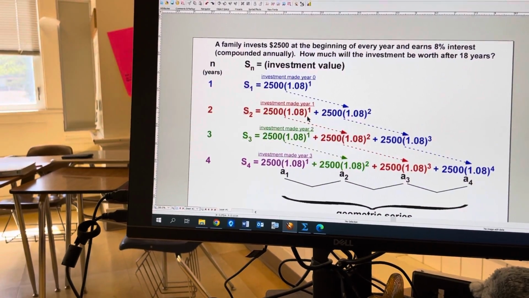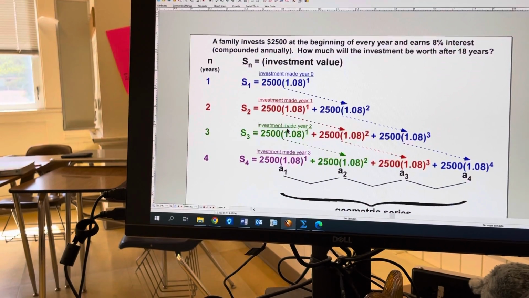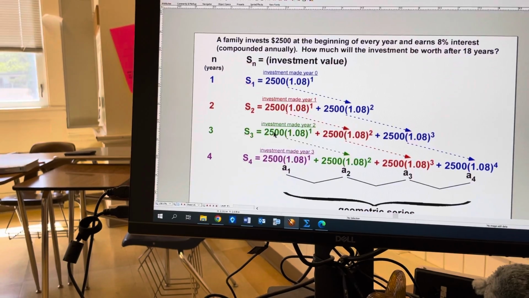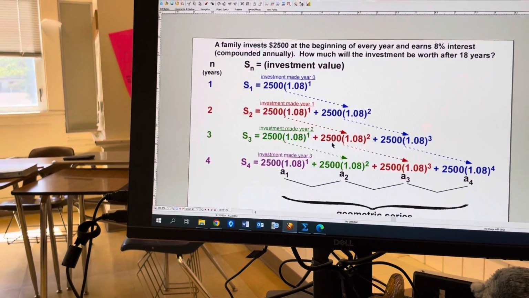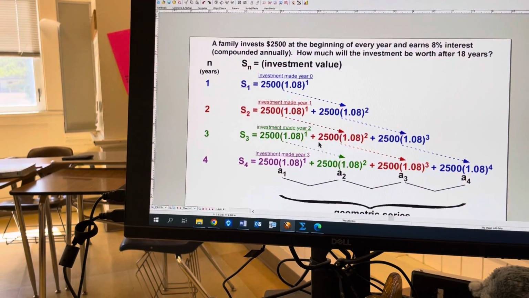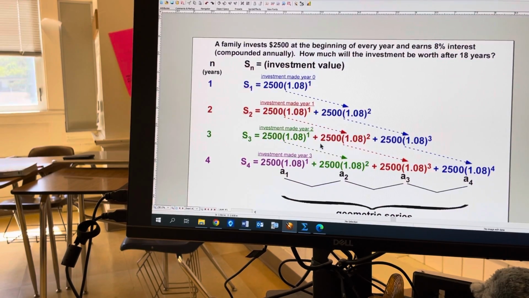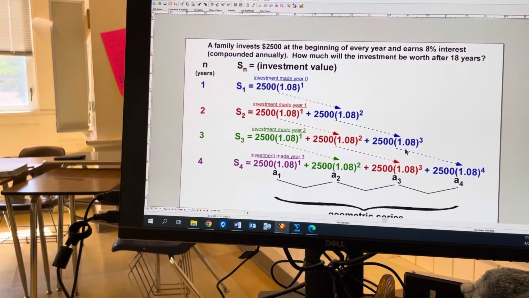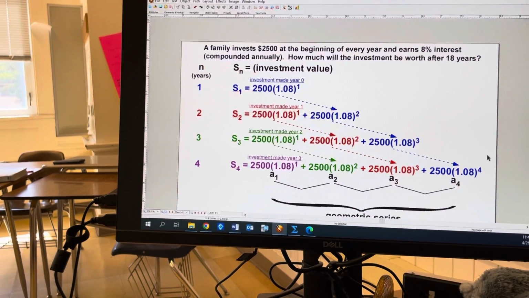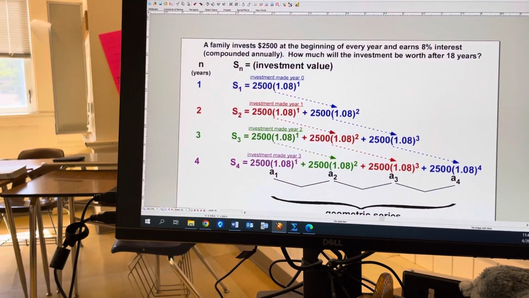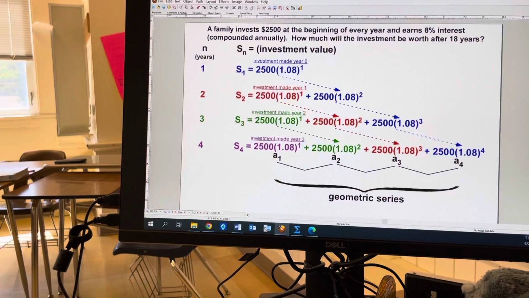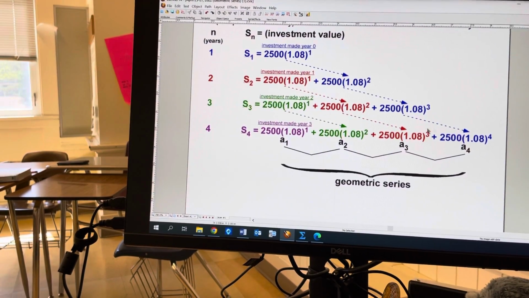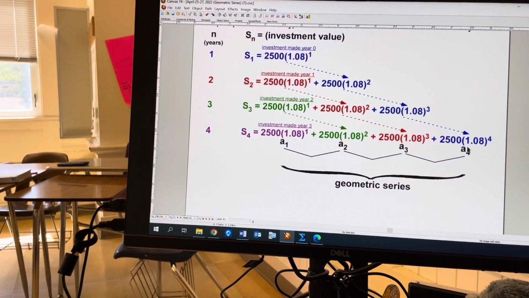Then in my third year, I have a new $2,500 that's been growing for 1 year, my second contribution is now 2 years old, and my first one has now had 3 years to grow. So I'm hoping you see how this can make us a lot of money, and this is why people say save early, right? I could keep writing this out 18 times, but that's kind of burdensome.